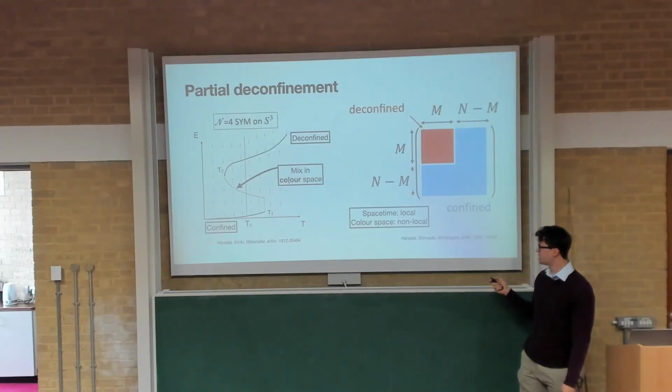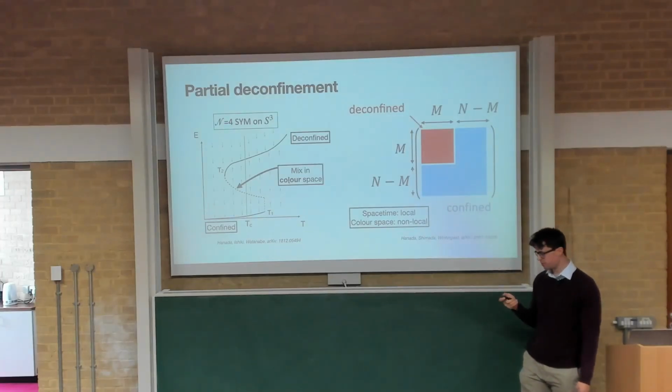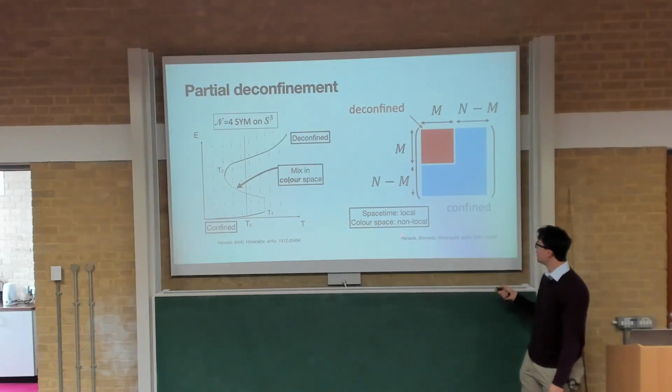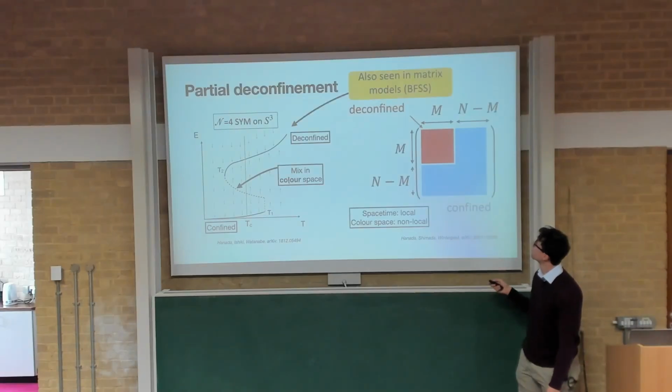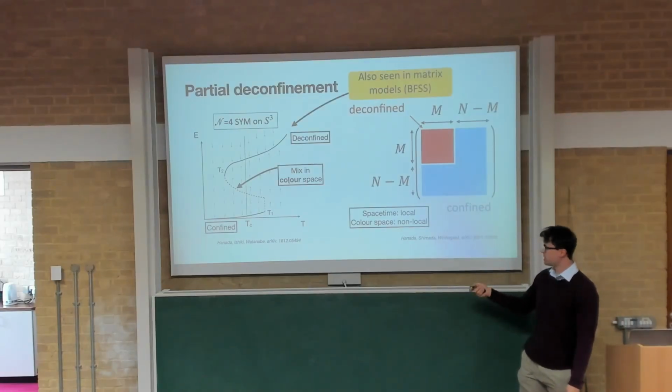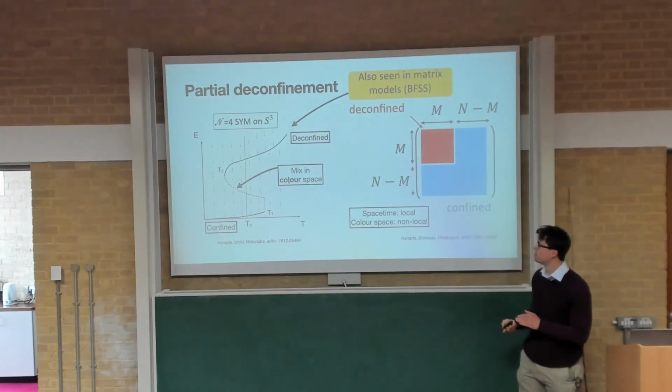These two properties really define the character of the partially deconfined phase. You see phase diagrams like this also in matrix models, where the only possibility for a mixed phase is for it to be mixed in color space, because there's no space-time.